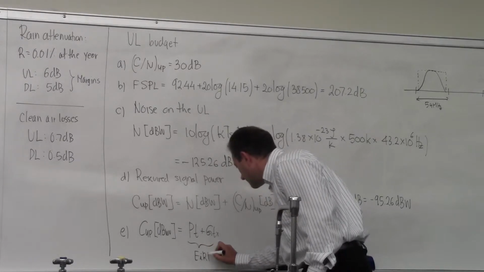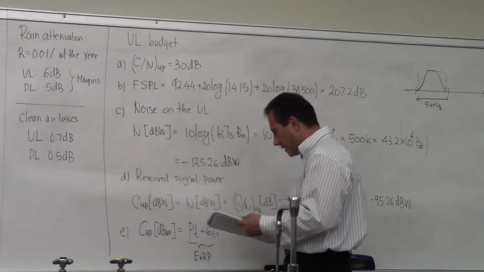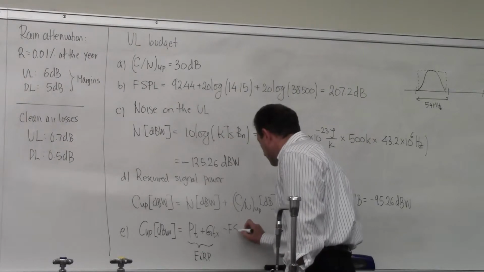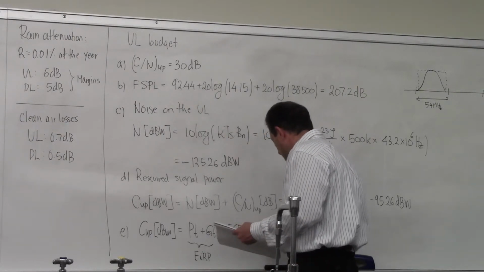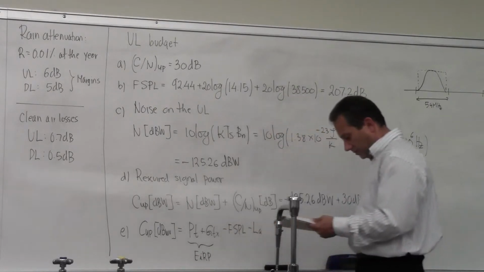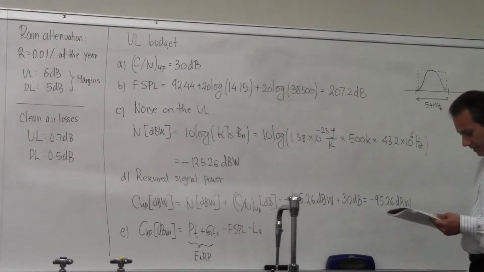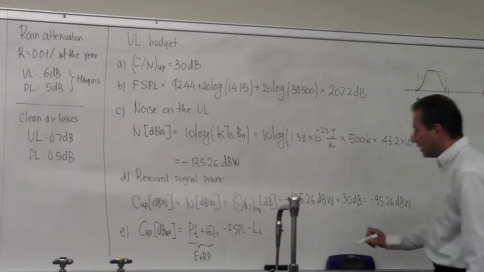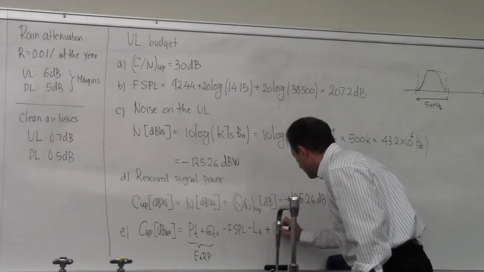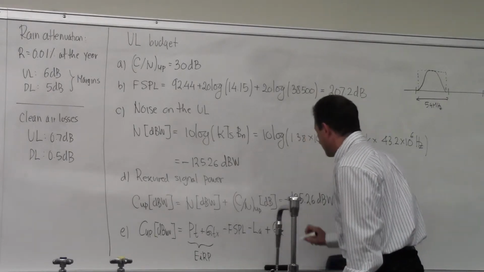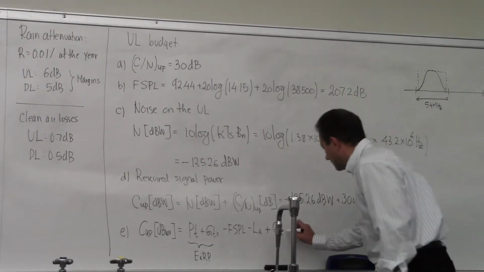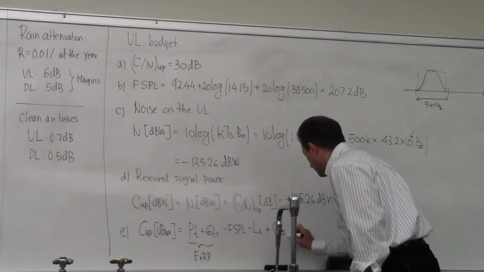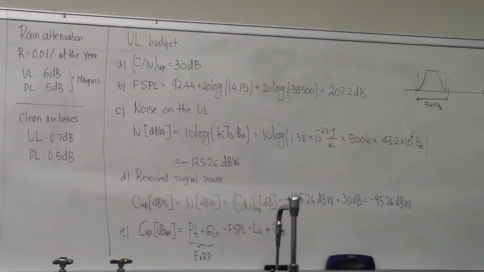EIRP. And then minus free space path loss, and then minus LA, which are your additional losses, and then plus the gain of the receive antenna at the transponder.